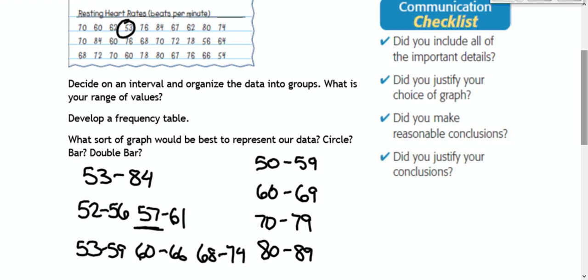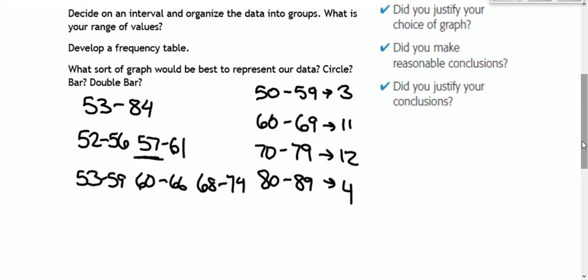So if I have 50 to 59, I have 3 here. 60 to 69, I have 1, 2, 3, 4, 5, 6, 7, 8, 9, 10, 11. 70 to 79, I have 3, 4, 5, 6, 7, 8, 9, 10, 11, 12. And from 80 to 89, I have 4. Okay, that's not bad. Now, that is sort of my frequency table. This was my range, my intervals, and this is the frequency.